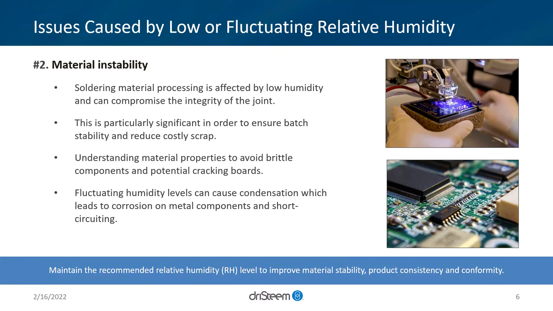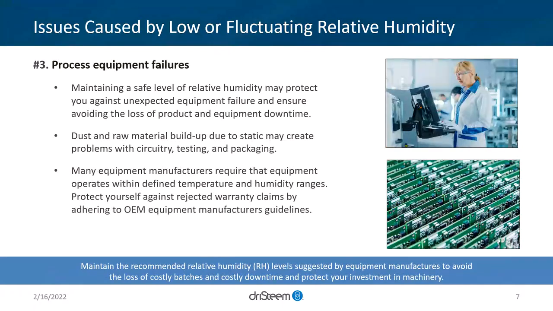So having that fluctuation, and this really comes back to process control, if we're at steady state, we want to make sure that we are at steady state with RH, and temperature can influence that. So if we fluctuate, we can obviously cause damage to components from expansion and contraction. And we want to do our best to mitigate that risk.